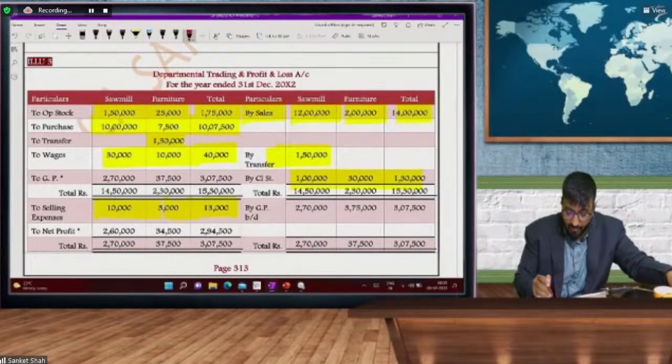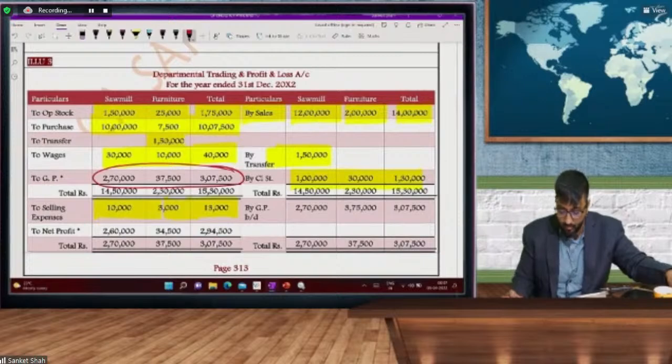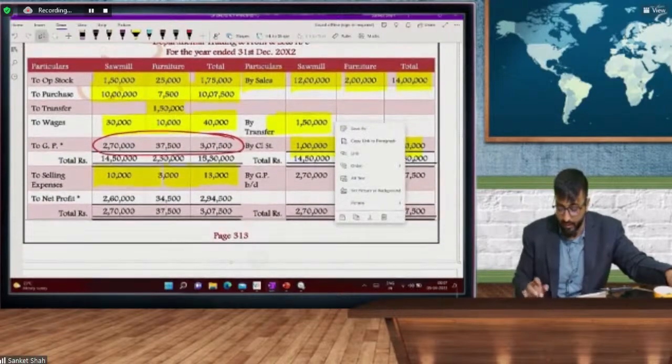So GP is a balancing figure that you are getting, 3 lakh. No, this is 37,500, na? Okay. So wrong total. Okay, 37,500 and 3,07,500 is the net profit. Sorry, 2,94,500 is the net profit.